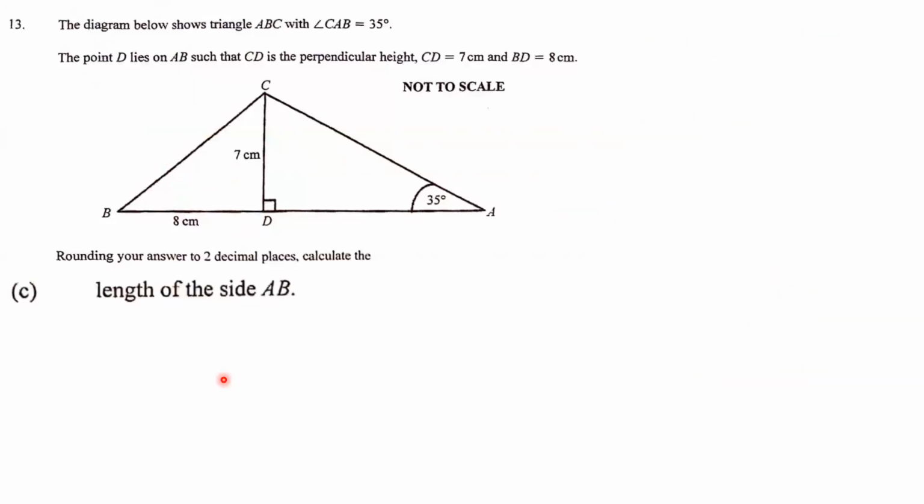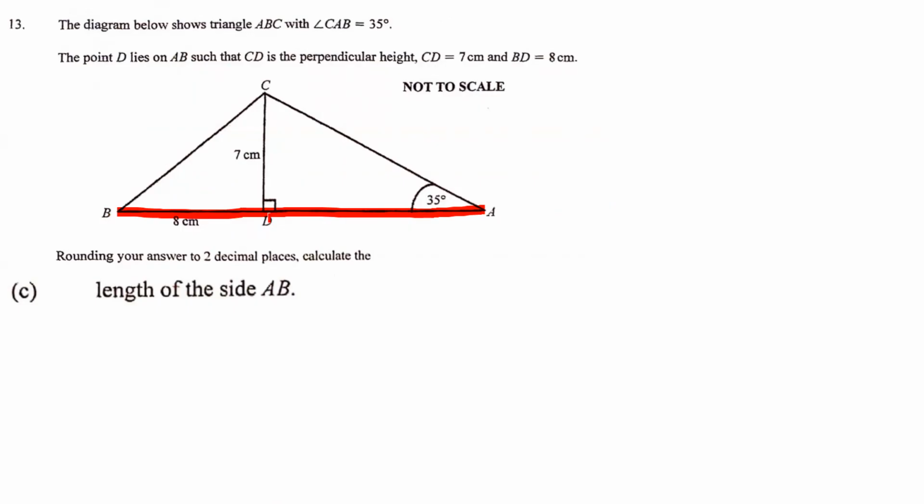Let's move on to the next question. Here, we want to figure out the length of the side AB. Now, let me just highlight that for you, the length of the side AB. AB is going to start from here and go all the way here. That's the length of the side AB. Now, the thing is that we know what BD is already.